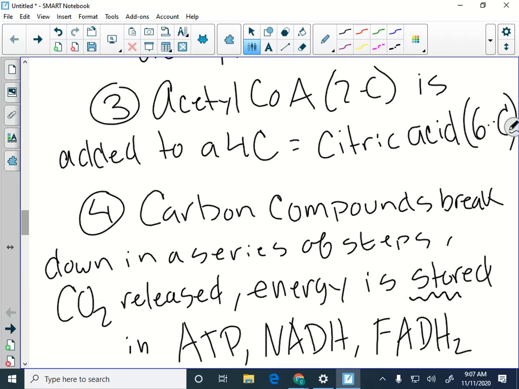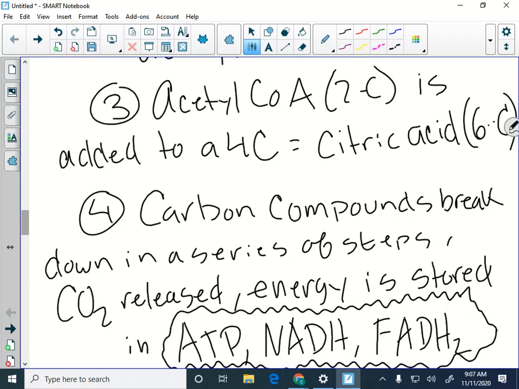All of these have all of our energy. So if we're tracking carbons now, all of the carbon that was in glucose is now released as carbon dioxide. And all of the energy is stored in ATP and these two electron carriers.